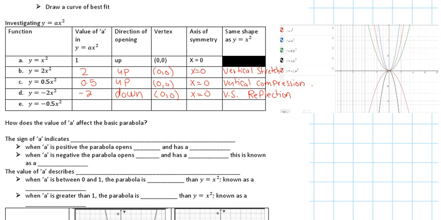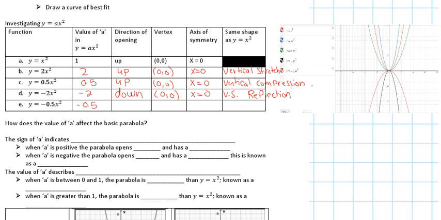And the last one, -0.5. Which way did it open? Vertex. Axis of symmetry. Again, I have a vertical compression, and then there is a reflection.